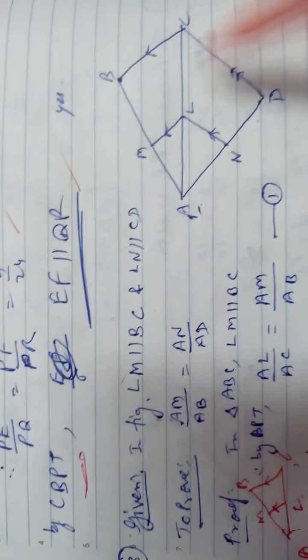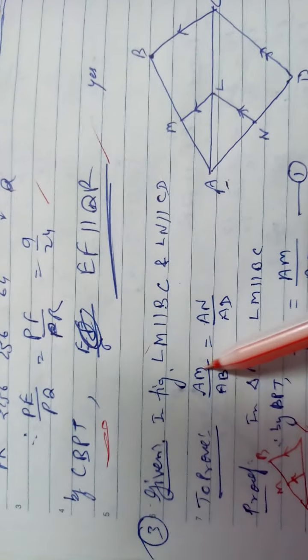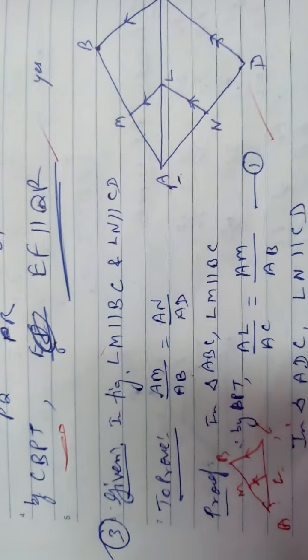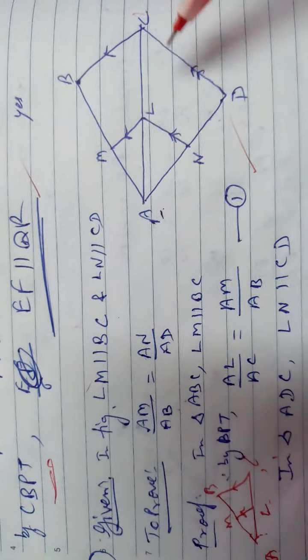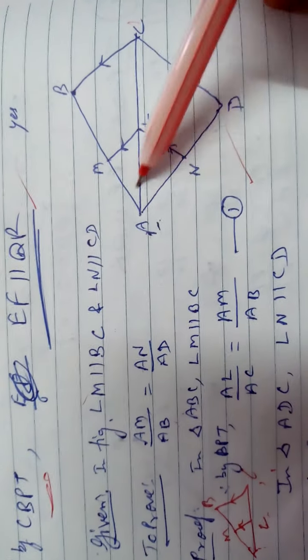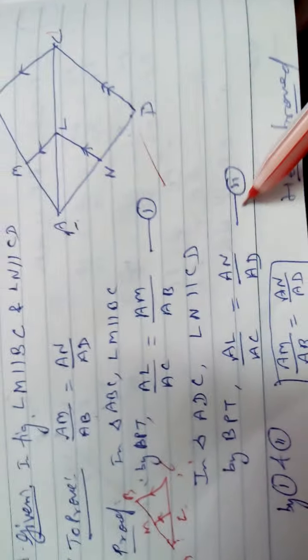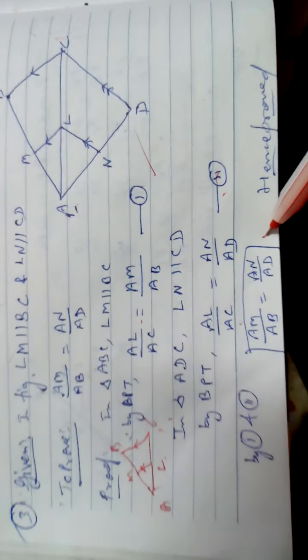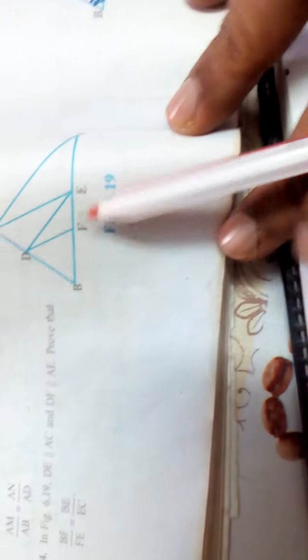You write AL upon the full line. According to what you want, you apply BPT. So AL upon AC is equal to AM upon AB. First equation. In the second figure, AL upon AC is equal to AN upon AD. So by first and second, LHS are equal, so RHS will also be equal. It is the proof.